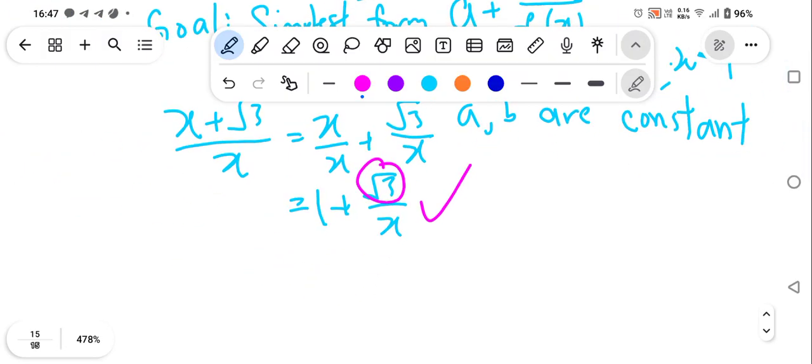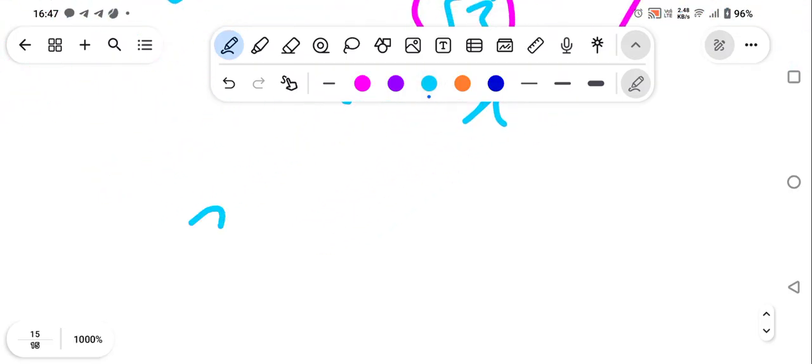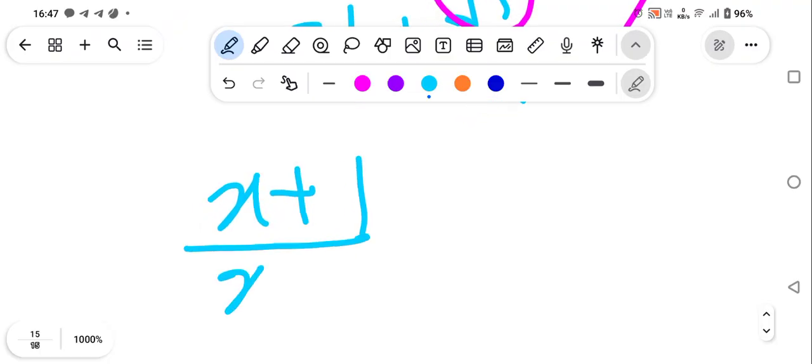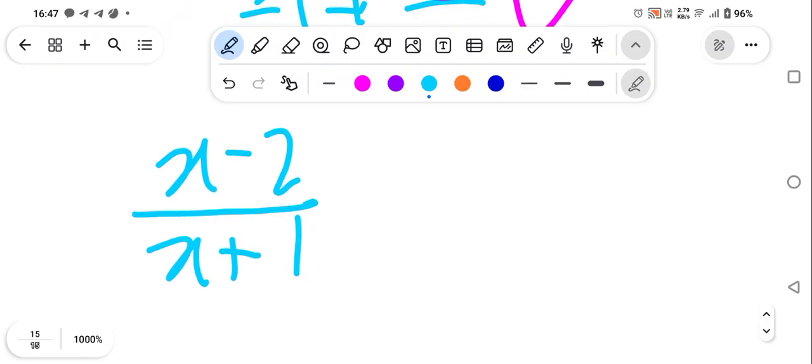So next, let's say I have x plus 1 over x minus 1. Alright, I'm gonna swap. So I have x plus 1 over x minus 1, or x minus 2, for example. So what's the easiest step?